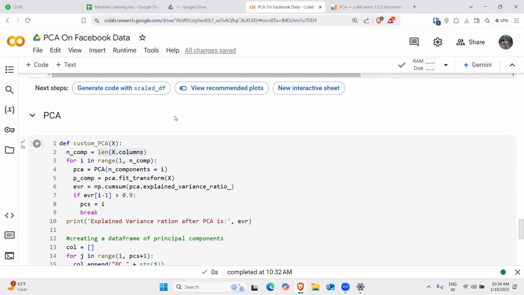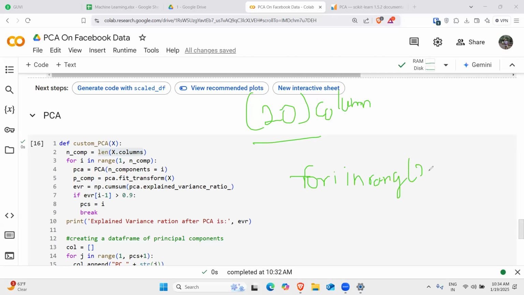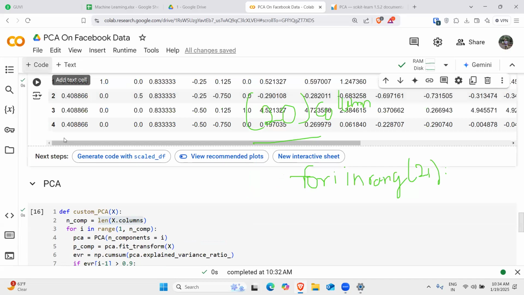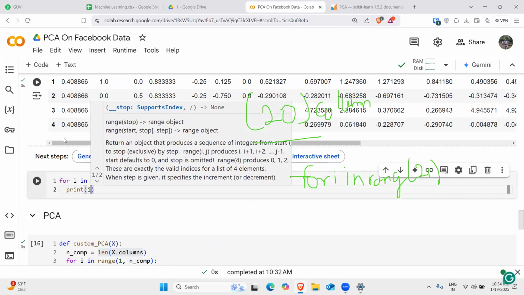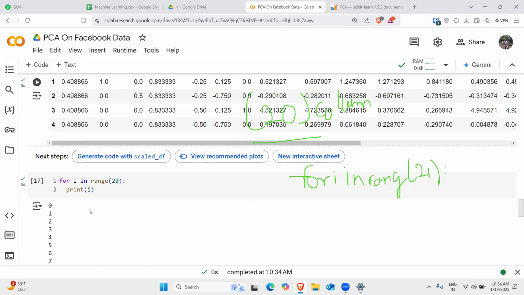It means suppose you have 20 columns, right? You have to pass through all the columns out there. So you should write, for 20 columns, range 21, right? Yes or no, guys? If I just write for i in range(20) and then print i, I'm not going to get 20, right? Will I get 20?